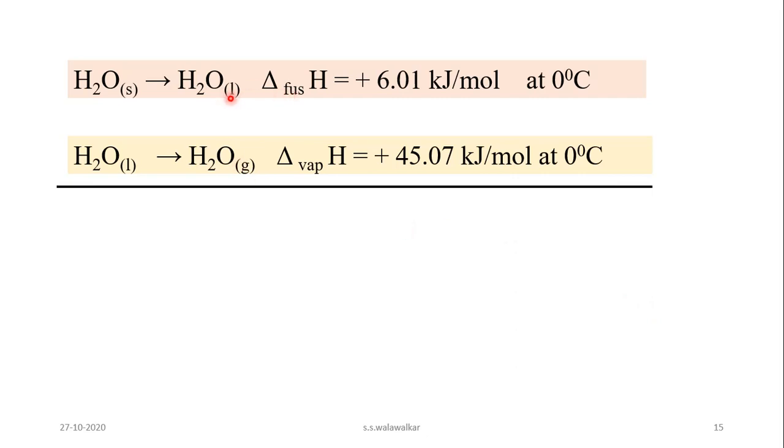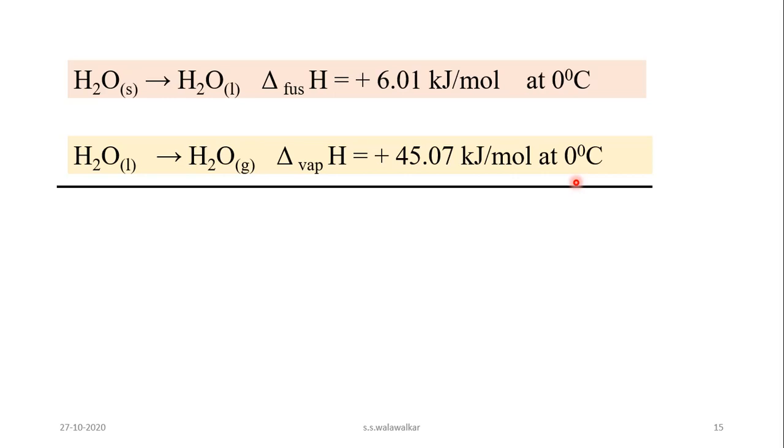The enthalpy of fusion, that is, water in a solid state converted into liquid state, you know the value of this: plus 6.01 kilojoules per mole at 0 degrees Celsius. And the enthalpy of vaporization of water, that is, water in a liquid state converted into water in a gaseous state, is how much? Plus 45.07 kilojoules at 0 degrees Celsius.